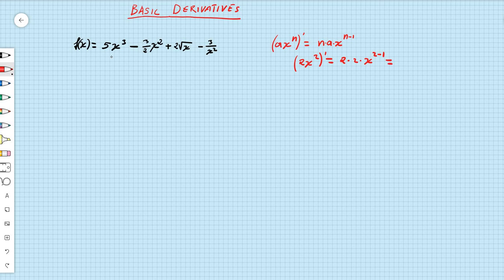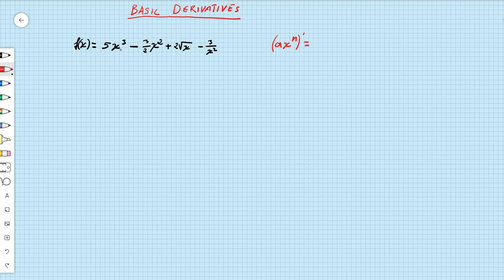That in turn will be 4x. So that's your derivative there, and that's the faster way to actually solve this kind of problem. These are the basic ones. So let's go ahead and start with that.